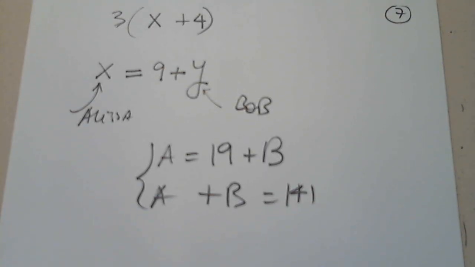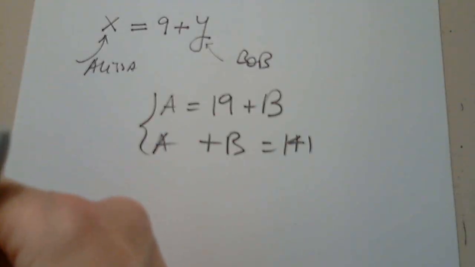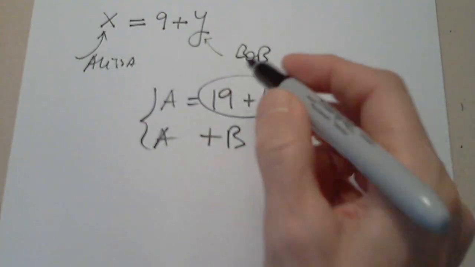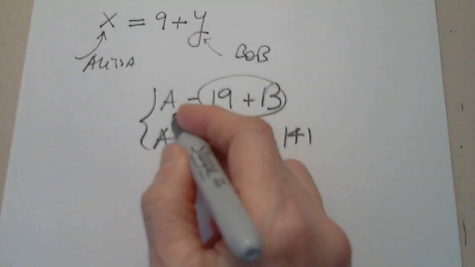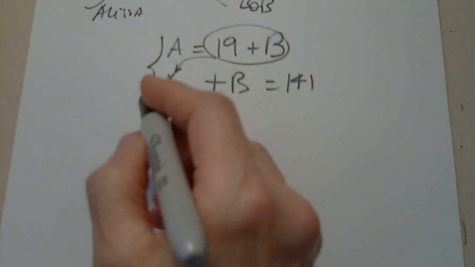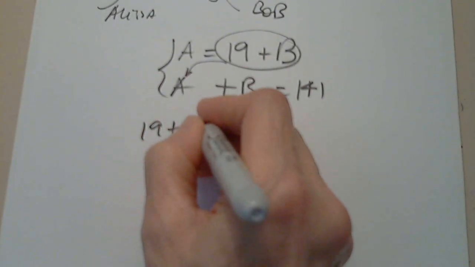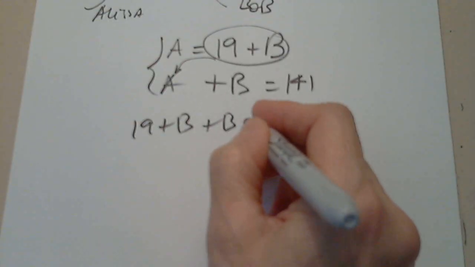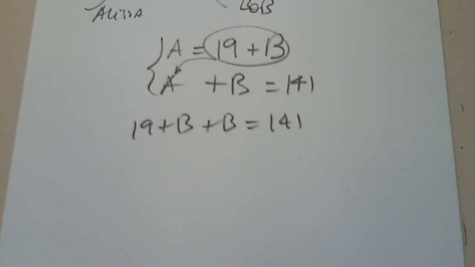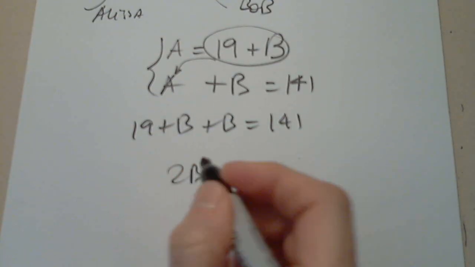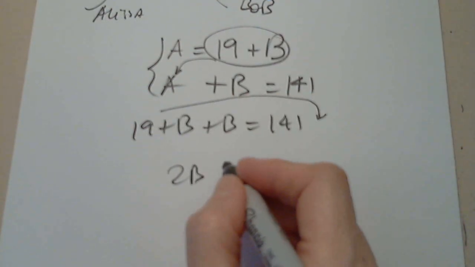Fine. Remember what we do. We substitute. These two quantities are the same, so I'll plug them in here. So A is the same with 19 plus B equals 141. This I know how to solve. I clean it up, 2B, and move 19 to the other side.